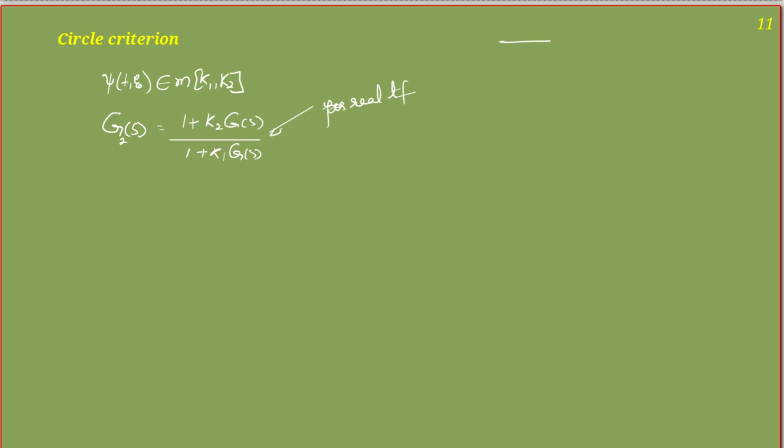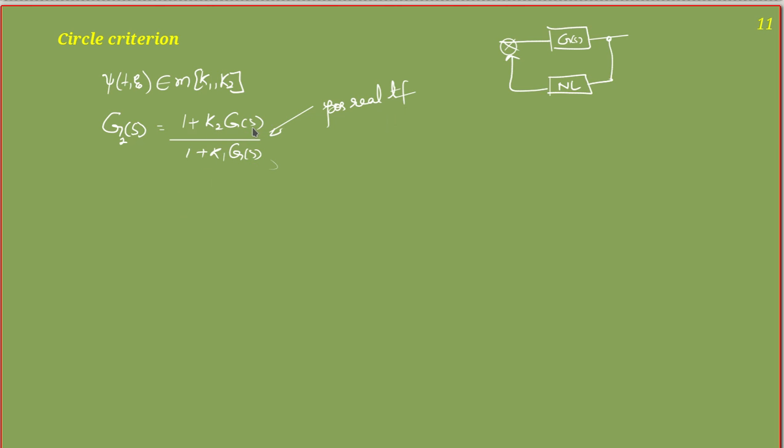Okay, so if you have a G of s like this and a nonlinearity lying within this sector k1 and k2, we have to go and check whether 1 plus k2 into G of s by 1 plus k1 into G of s is a positive real transfer function or not. So how do we check it?